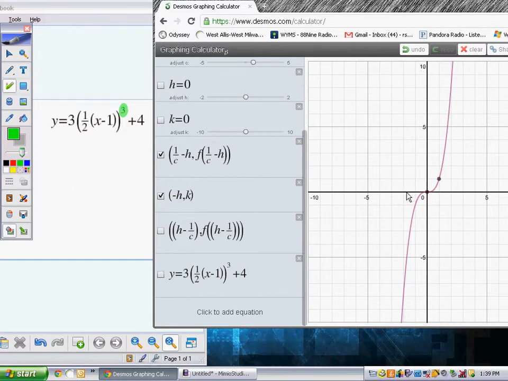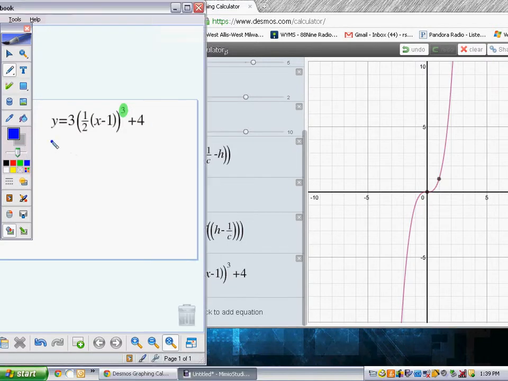Well, I start with x values that are nice and small, like -2, -1, 0, 1, and 2. And then I apply the parent function to them, which in this case, remember the parent function is y equals x cubed. And so I stick each of those values, like -2, into x and get the corresponding y.